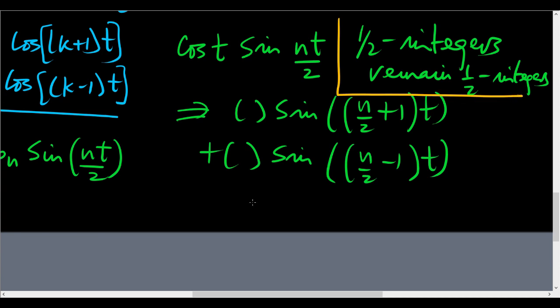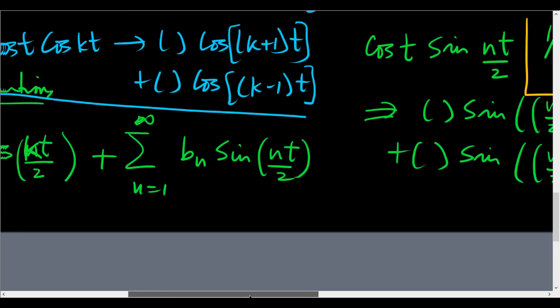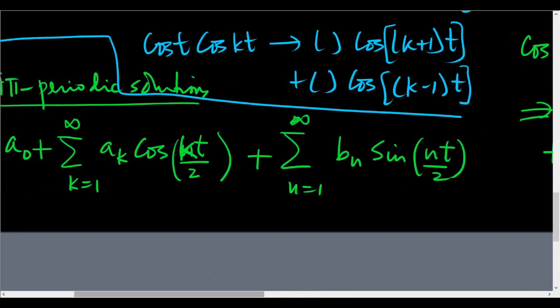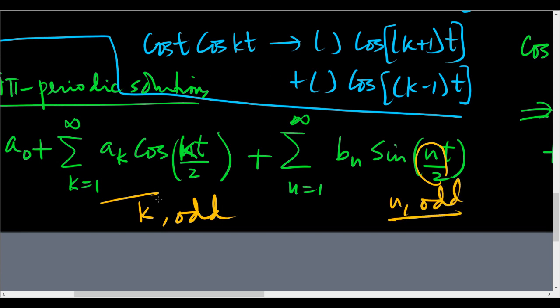So that is why we can look at when these will be half integers, when n is odd. When n is even, these will become pure integers, that we have already got. So over here this will be basically k odd, this will be n odd. This part we just saw. Similarly, when I take cos (k by 2) t times cos t, again I'll get half integers.